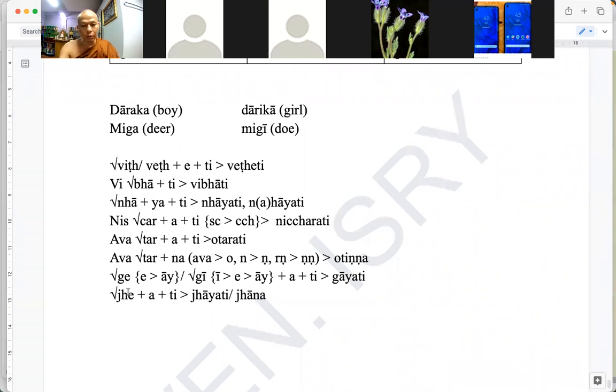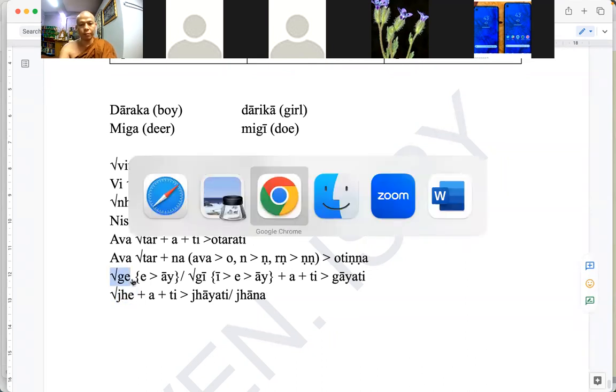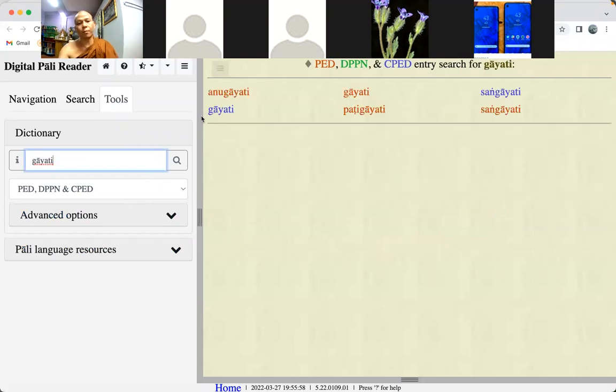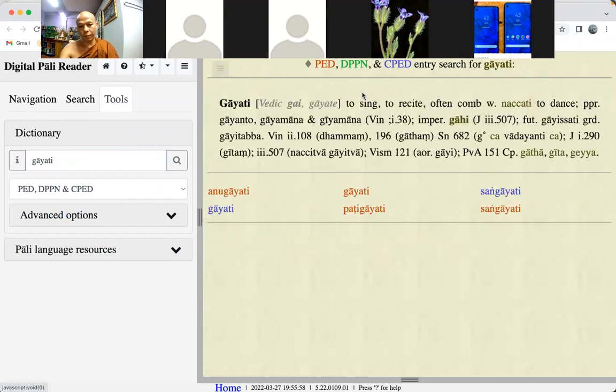So according to this root, maybe gay is better. Okay, let's see in the dictionary. That gayati. So guy, in other language, guy. So according to that one, maybe gay form.